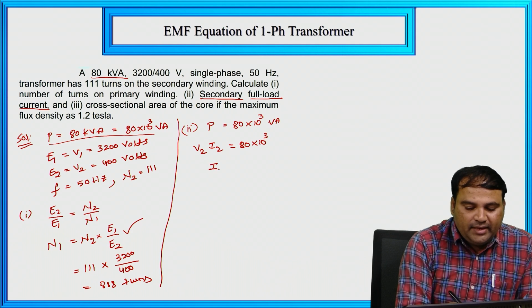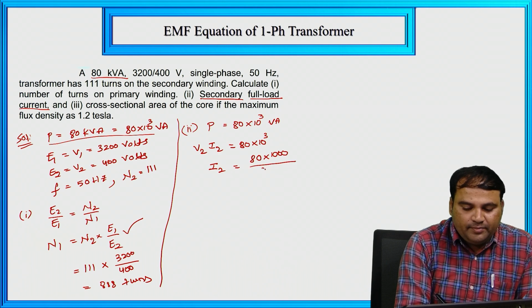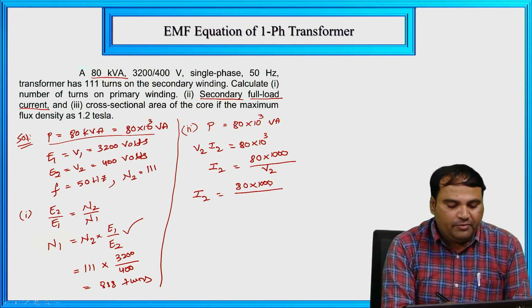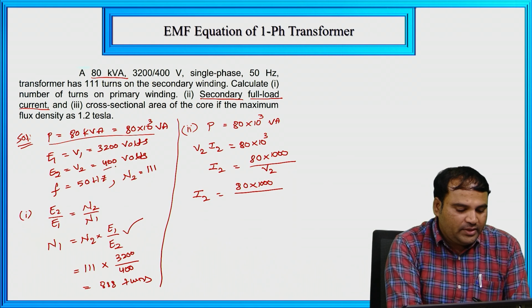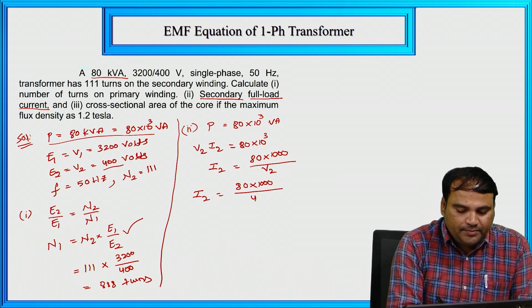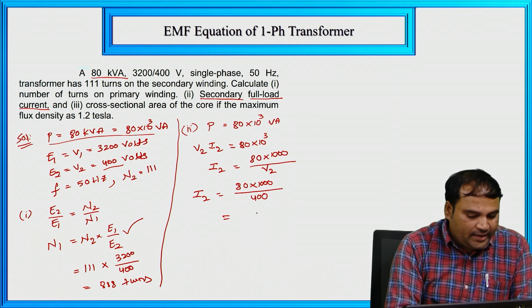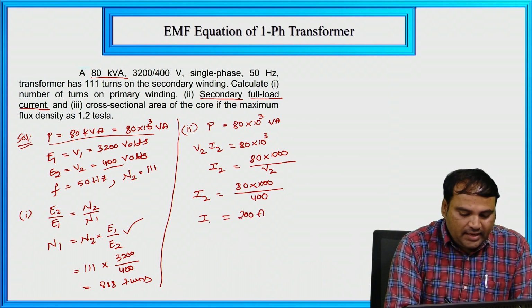Then secondary current I2 equal to 80 into 1000 divided by V2 value. Secondary voltage V2 is 400. Now by solving this equation we will get 200 amperes as the secondary current.